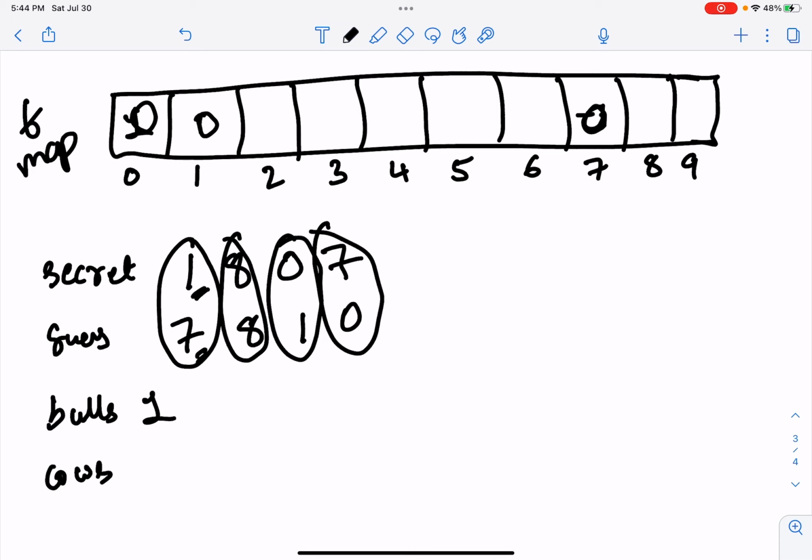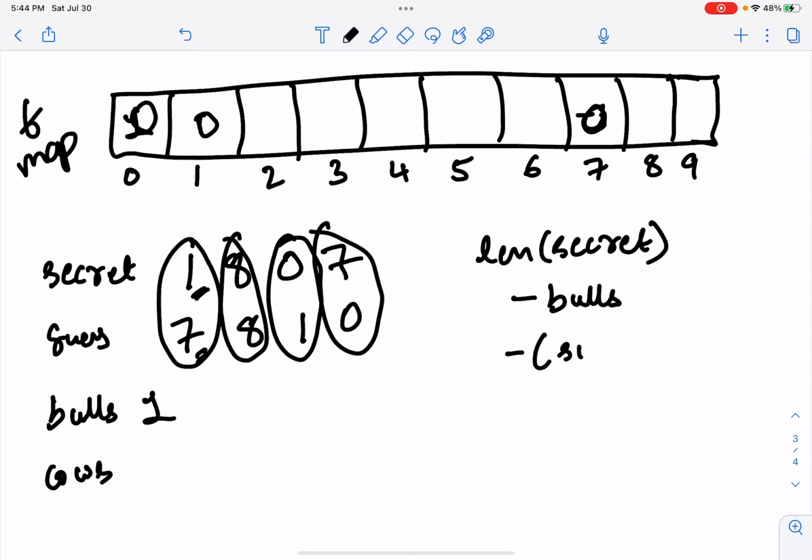After having done that, we determine the number of cows indirectly. How do we do that? First we take the length of the string secret, subtract the total number of bulls, and subtract the sum of positive values in the frequency map.